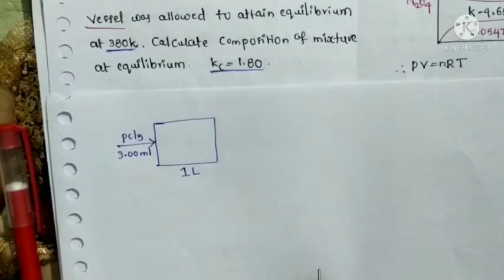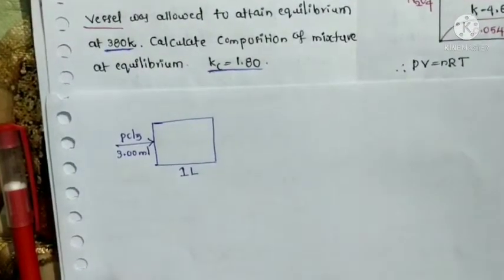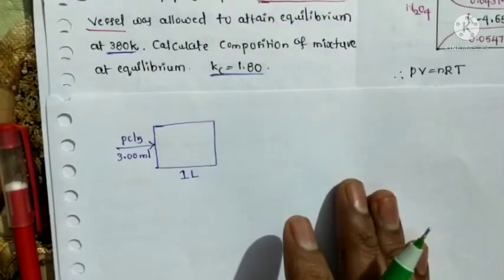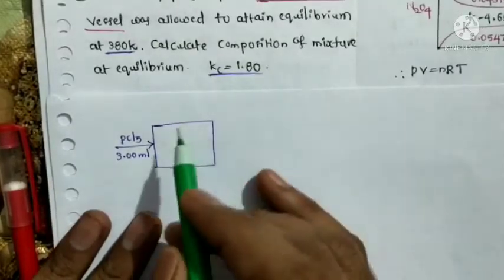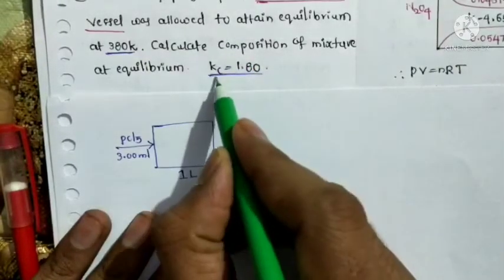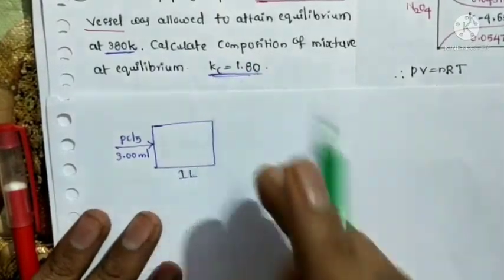The reaction will proceed to reach equilibrium. At equilibrium, how much is the equilibrium constant value? 1.80.